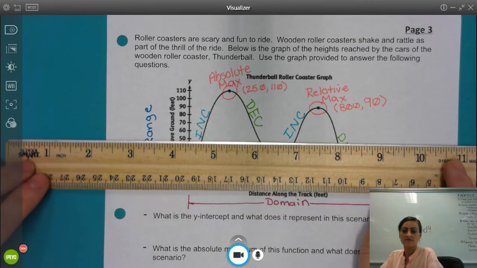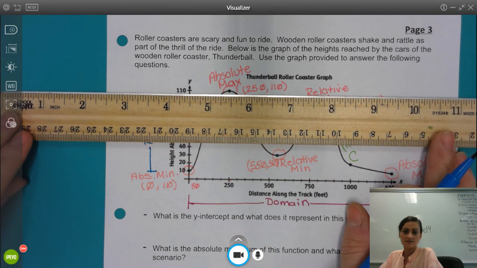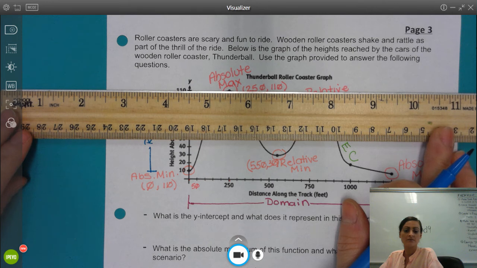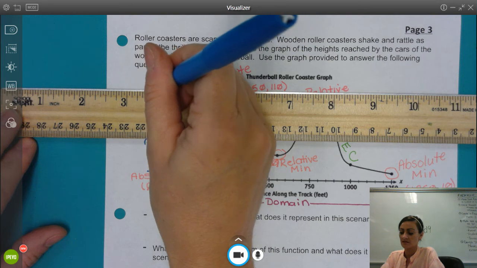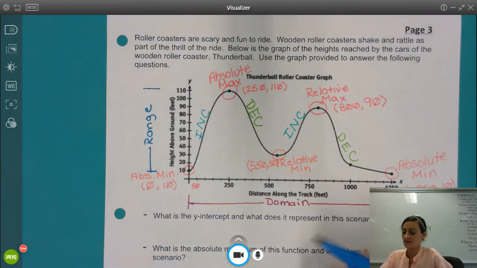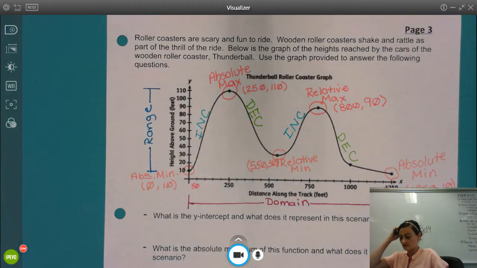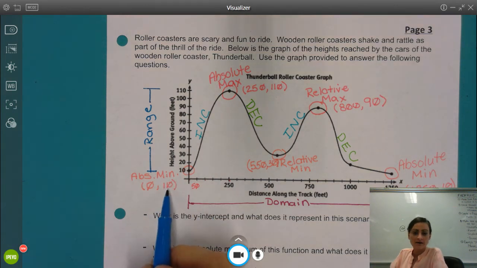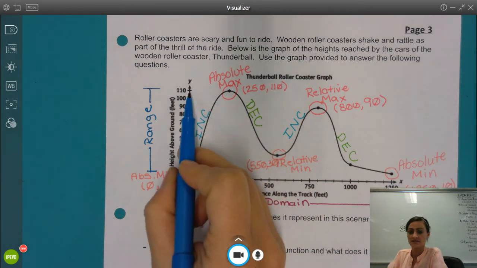I still have graph, I still have graph, there's still graph here, until I get to the absolute maximum, and that tells me the highest point that I'm going to see on my graph. So that tells me the largest range value. So I went from a y value of 10 all the way up to a y value of 110.